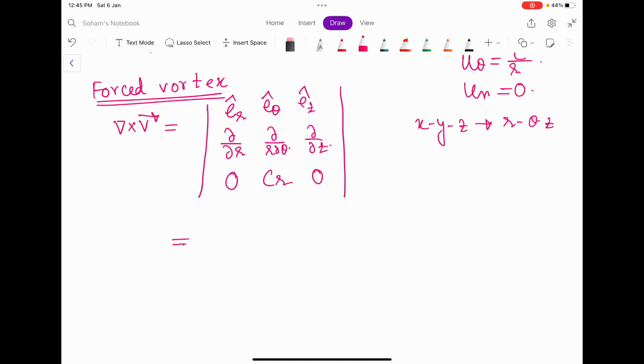Actually here the del del z is not important, because the variation in that direction is not considered; in the z direction nothing is varying. So this is actually not important. Again we have this, which will be a constant.